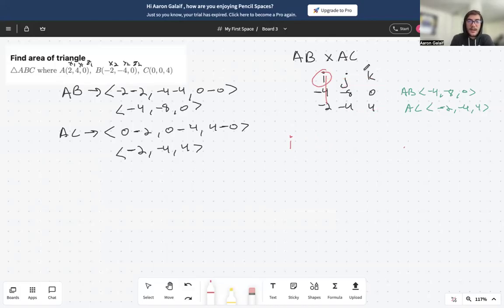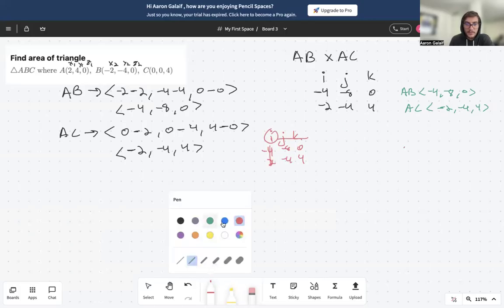So let's make a little tiny one to manipulate as we go. We're going to start with our first minor matrix: we take our i, cancel these, and we get i times the matrix of -8, -4, 0, 4.